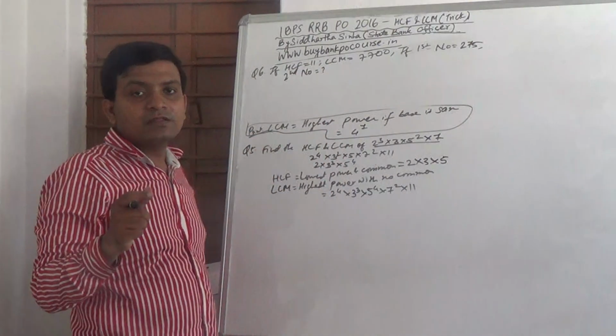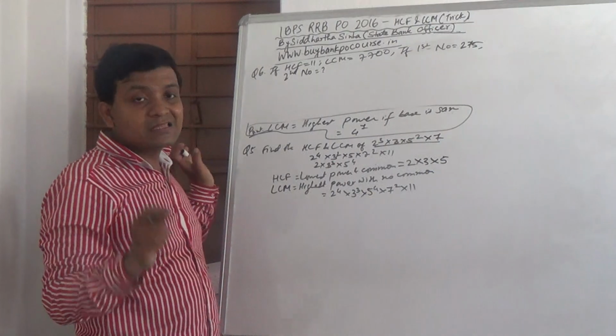It is asking that if the first number is given to you as 275, it is asking the second number.